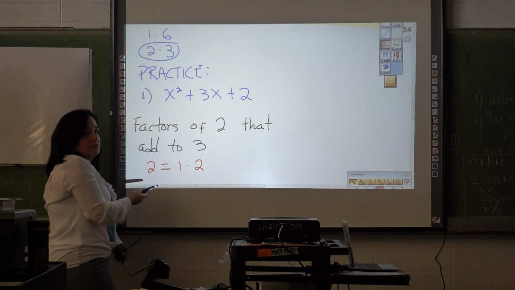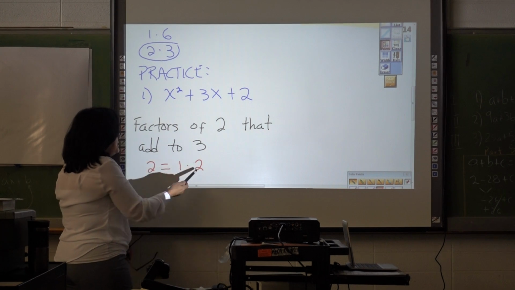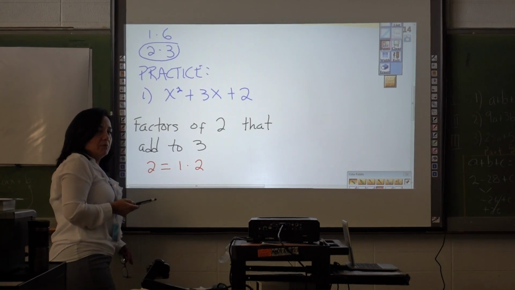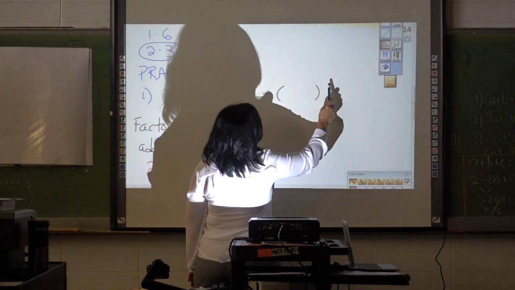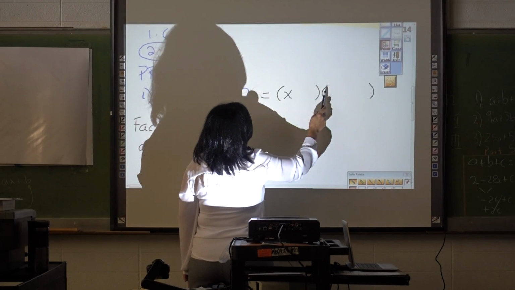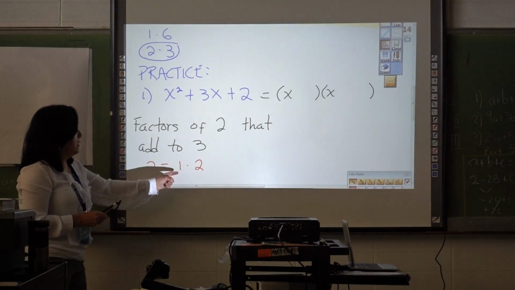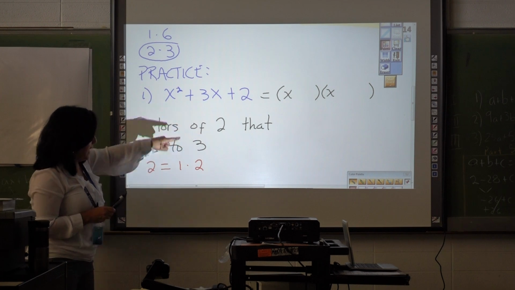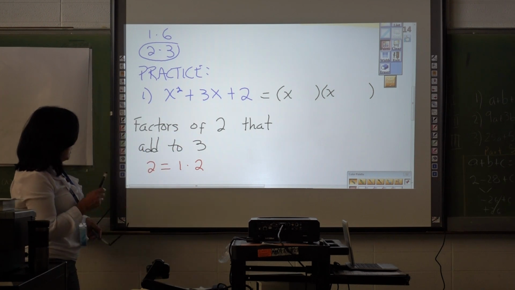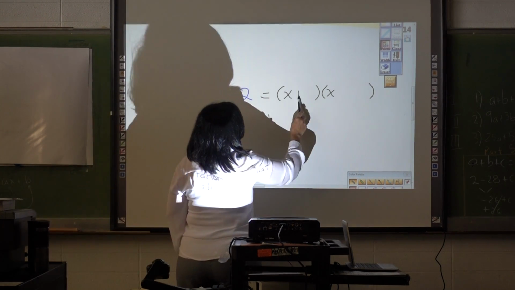Bingo, that's what they are. 1 times 2 gives me 2, and 1 plus 2 is 3. So no problem, these are the numbers. These are going to be my factors. The first 2 have to give me x squared, so it's x times x. And then the numbers that satisfy both conditions, factors of 2 that add to 3, so 1 times 2. I just have to write plus 1, plus 2.